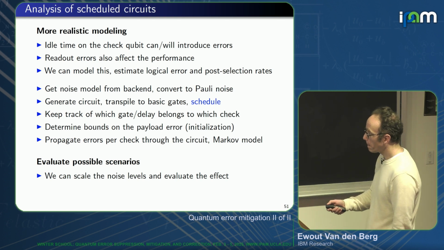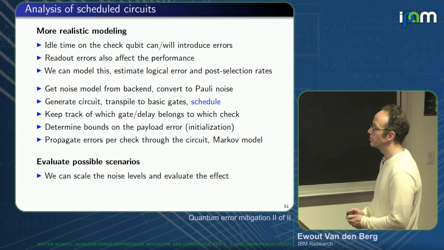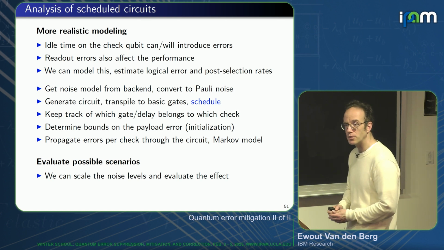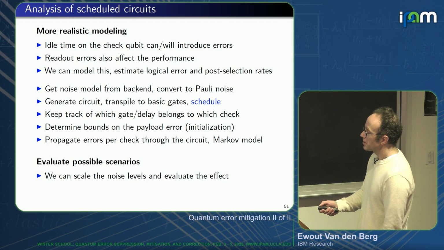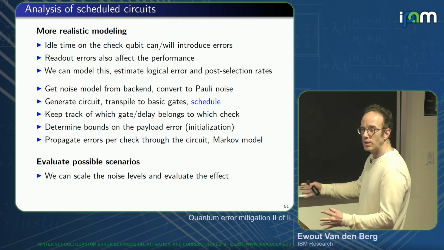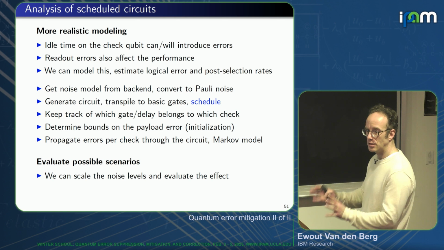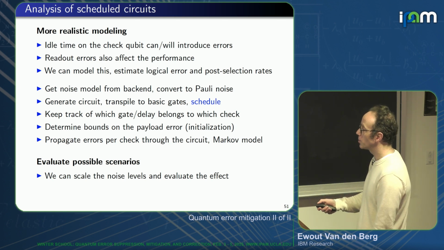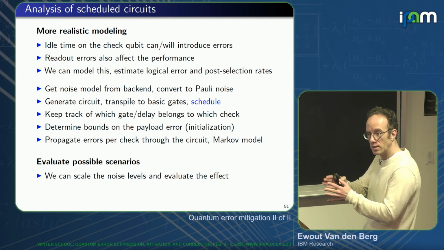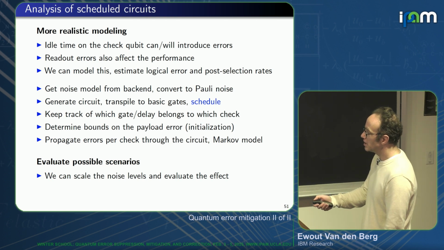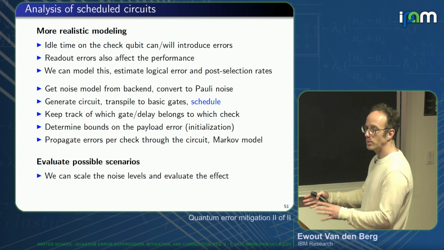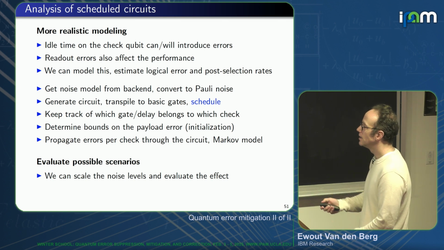So we get some noise model from the backend and convert it to Pauli noise. Then we generate the circuit and transpile it to basis gates, the gates that are really supported on the hardware, and then you need to schedule them. At what time are they executed? While doing this, you still want to keep track of which gate and which delay belongs to which check.